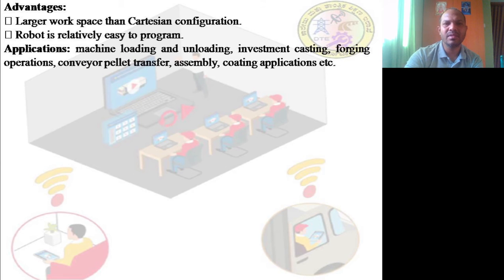It has a larger workspace than the Cartesian configuration. The robot is relatively easy to program. Applications are machine loading and unloading, investment casting, forging operations, conveyor pallet transfer, assembly, and then coating applications.